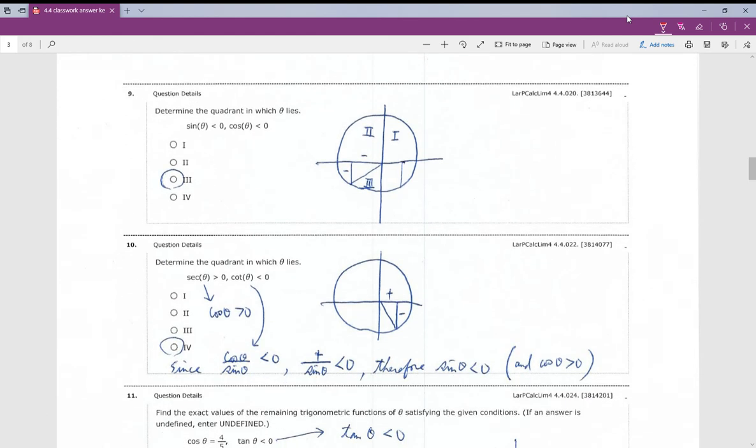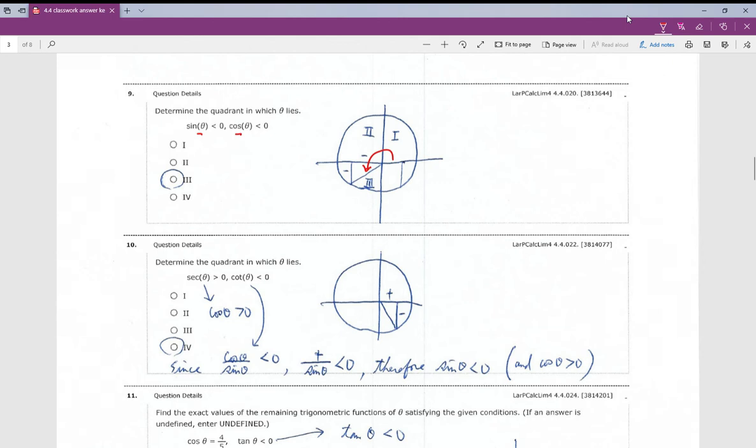Number 9, which quadrant? This question, they don't give you exactly what the angle is, and they don't tell you any x or y. There are no numbers there. But sine theta is negative, cosine theta also negative.